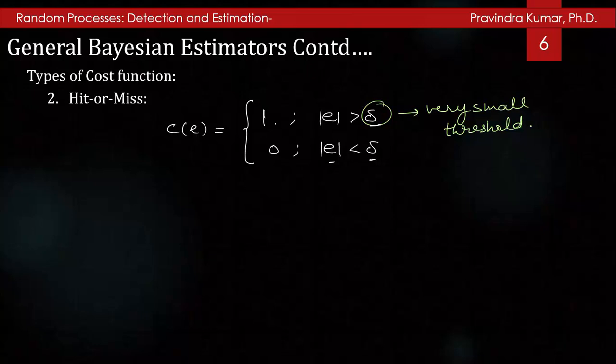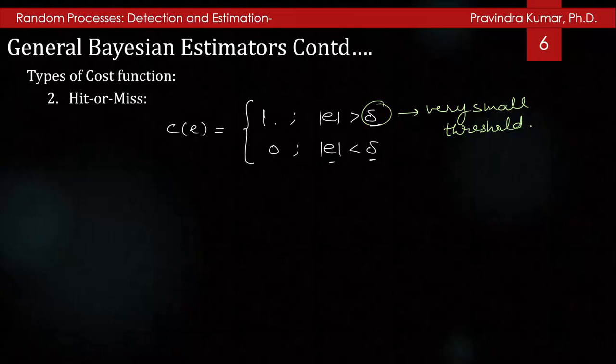Here the uniform penalty is assigned to all errors greater than delta. We can think of this cost function as the same penalty for any error, you can say miss, or no penalty for no error, you can say hit.